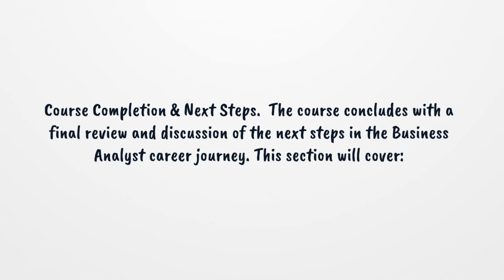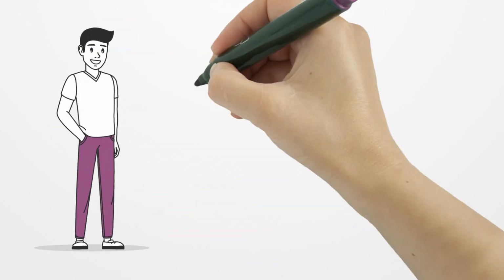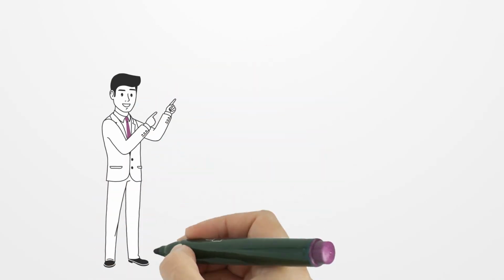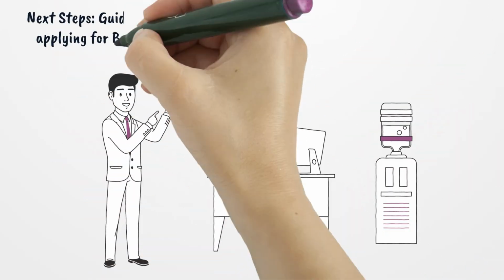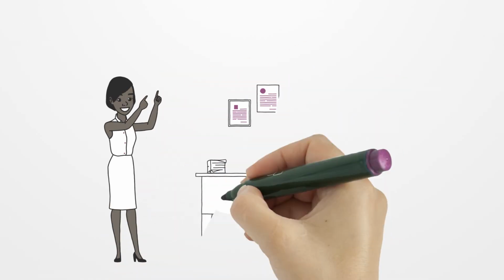The course concludes with a final review and discussion of the next steps in the business analyst career journey. This section will cover course reflection, a recap of the key concepts learned during the course and how students can apply them in real-world situations. Next steps, guidance on how to pursue further career development, such as applying for business analyst roles, continuing education, and obtaining certifications.